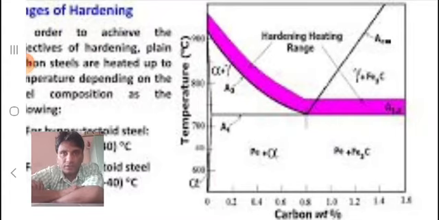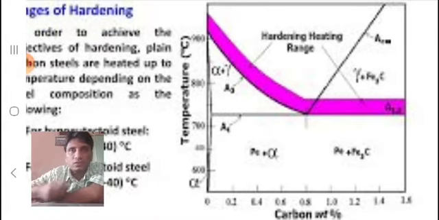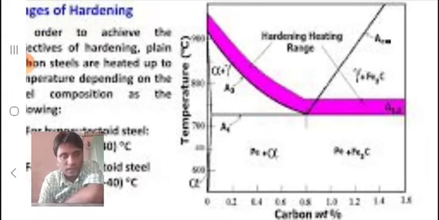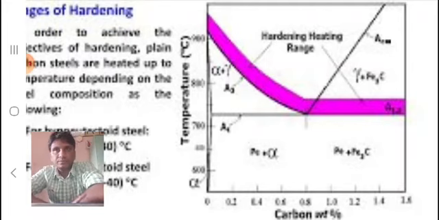But in austempering, we cool it very slowly. The steel is heated to the hardening zone and then it is quenched to a temperature of 300 degrees centigrade, rather than quenching it in water and heating it in the range of 300 to 350 degrees centigrade.